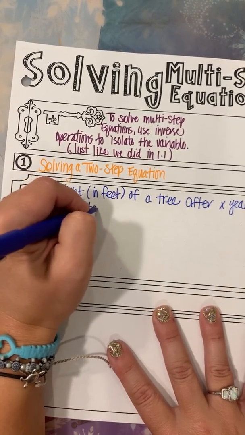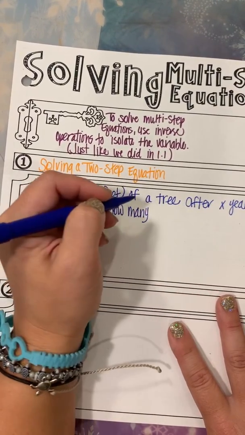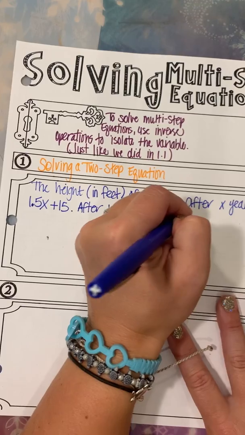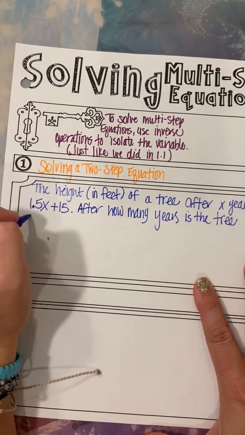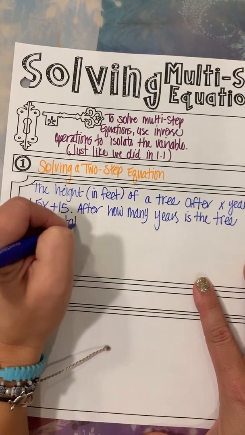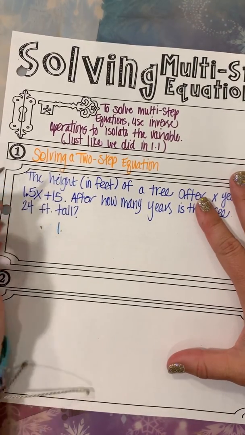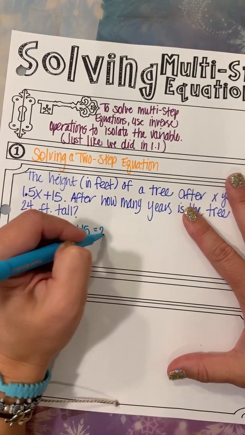After how many years is the tree 24 feet tall? So I have 1.5x plus 15 equals 24.